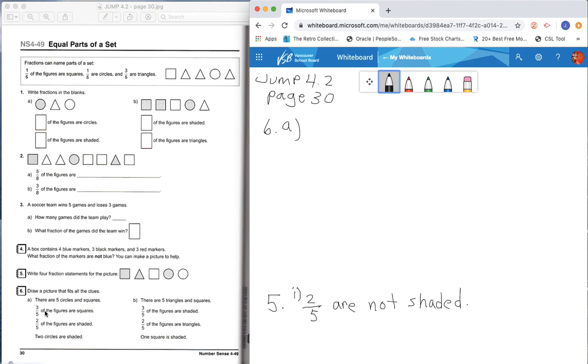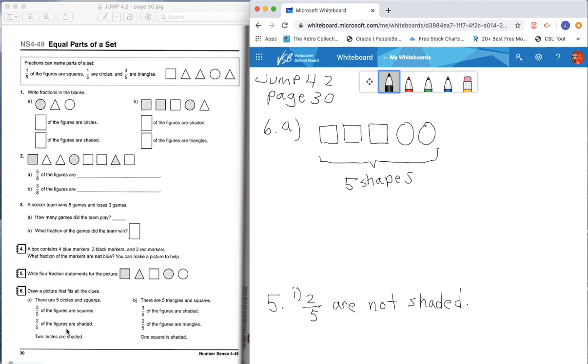Read the clues. 3/5 of the figures are squares. So you know there are 3 squares. And you know that there's a total of 5 shapes. So that means how many are circles? If 3 are squares, then that means 2 are circles.